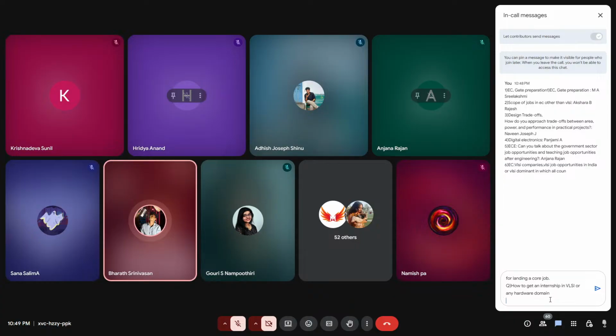It's an MS program, not an MTech, and it covers analog electronics as well. Since you are looking at GATE, this is a prospective course you can look into. If I was going for a master's here, that was something I was looking forward to. Just check that out, but preparation-wise, I have very little idea.